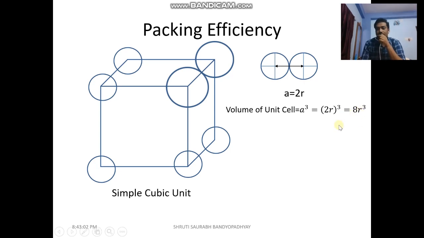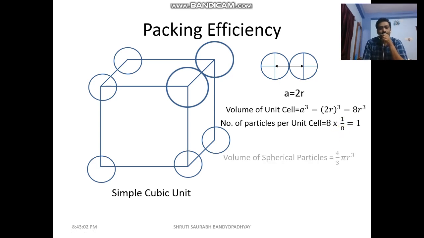We also know the number of particles per simple cubic unit cell is 8 multiplied by 1/8, because particles at the corner points share 1/8 of their volume with the unit cell. So 1/8 eight times, including the back side not shown here, total 8 multiplied by 1/8, that is equal to 1.